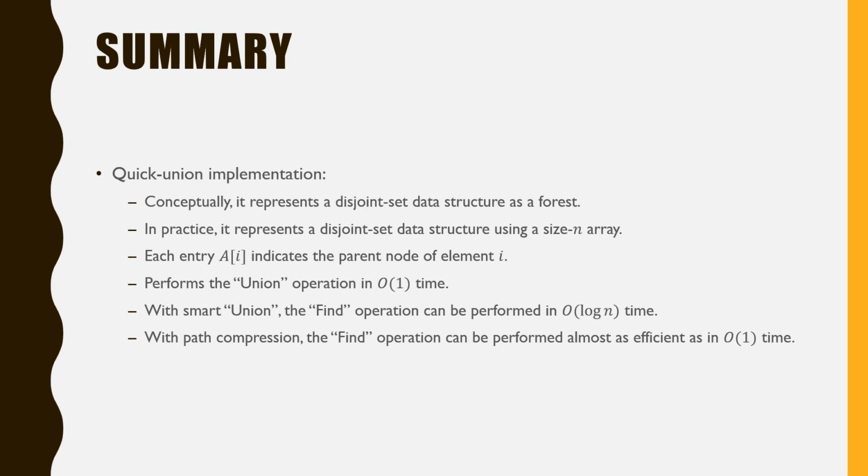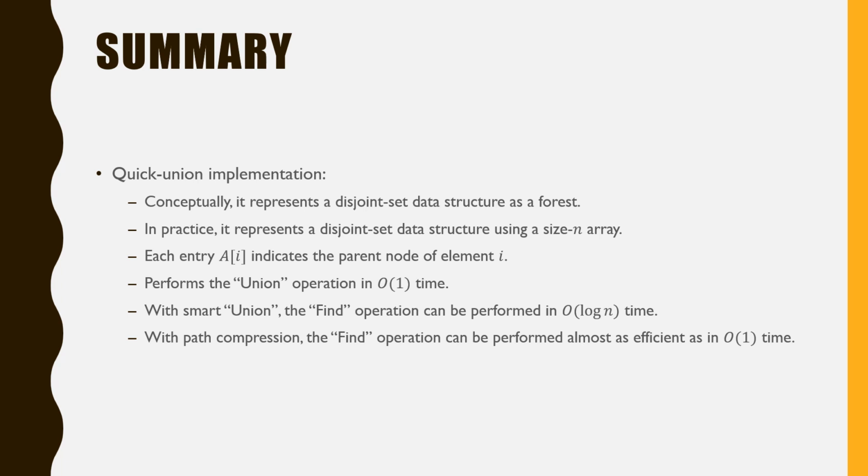In summary, we introduced the quick union implementation for the union find data structure in this video. Conceptually, this approach represents disjoint sets as a forest, where each set corresponds to a tree. Internally, it maintains an array A with size n, where A[i] stores the parent of the element i.